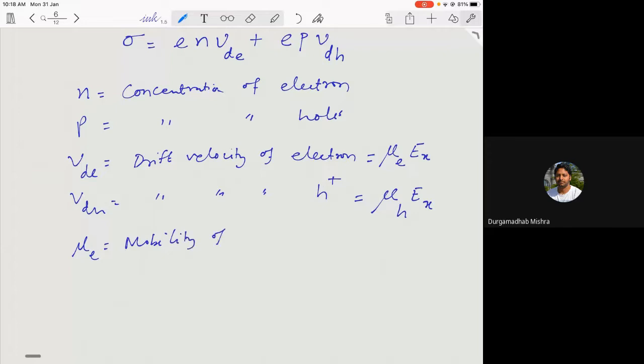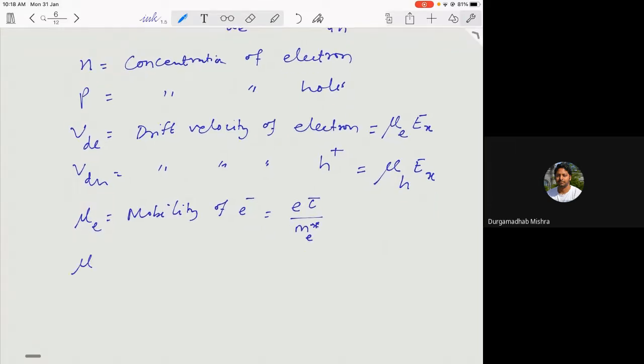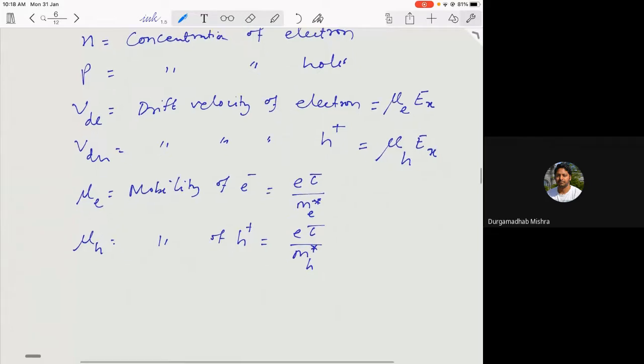So let's write down. Mu e will be equal to e tau by m e star. Mu h will be mobility of hole, which is again e tau by m h star. So now we are saying that hole also has a mass. It behaves almost like an electron.